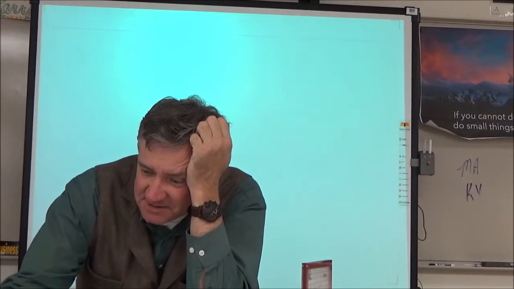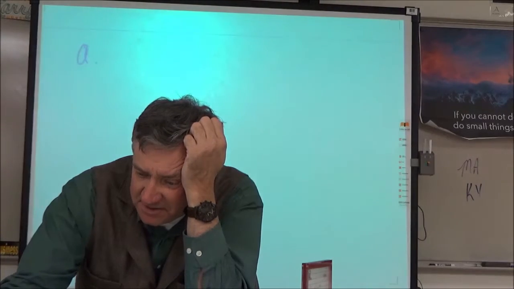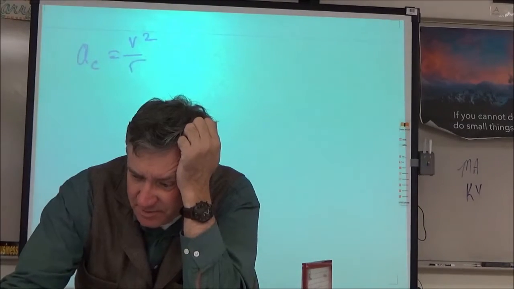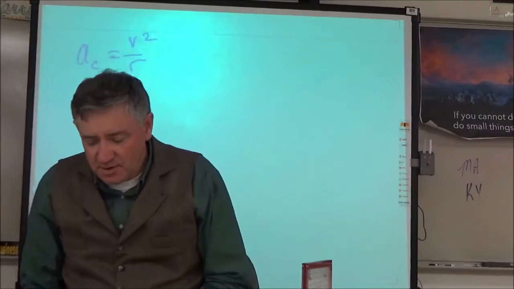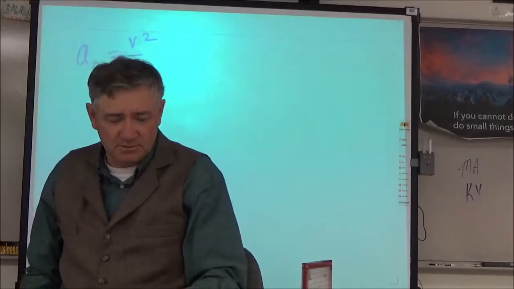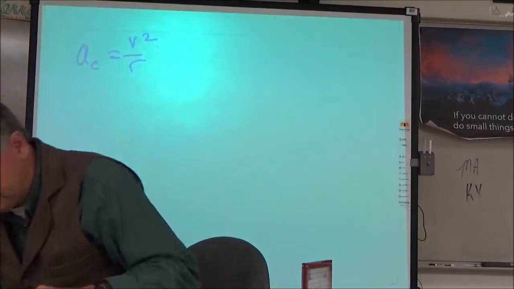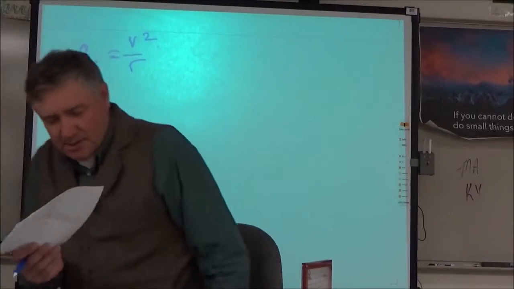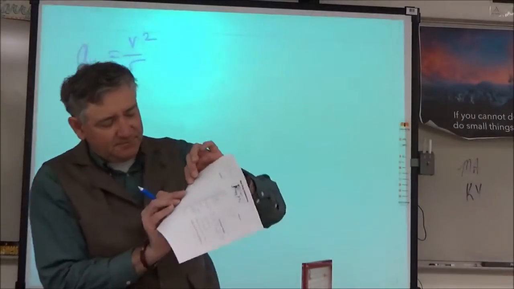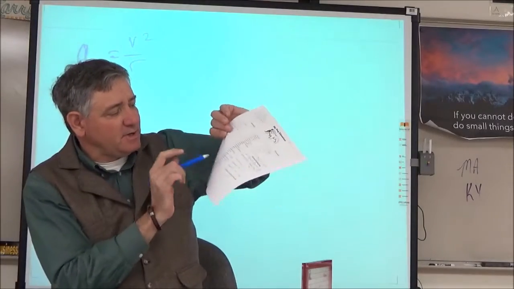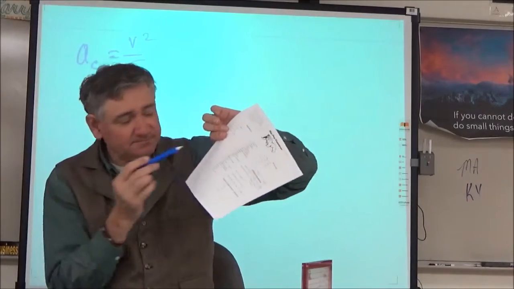The simplest way to calculate centripetal acceleration is velocity squared over r. Now, if you look on your equation sheet, down here, about halfway down, you're going to see a bunch of equations relating to centripetal force.